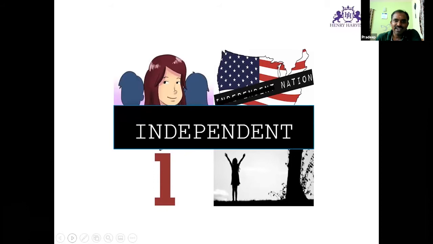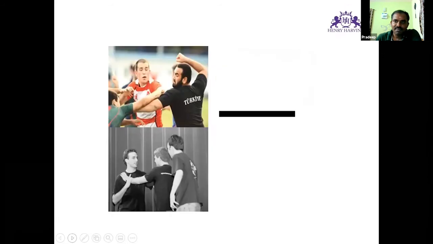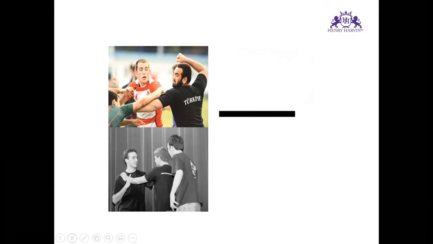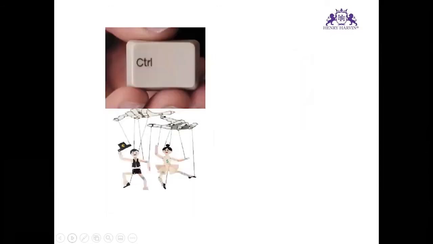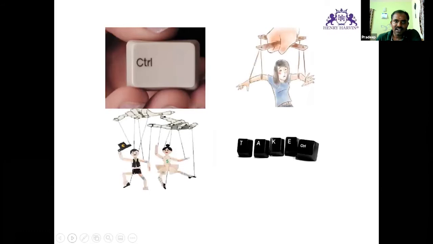So basically we are talking about independent. Independent nation. Independent women. Good. What can be the word you can interpret from these pictures? There are some people in between. It can be a conflict or a fight. Yes, so there is something called control.